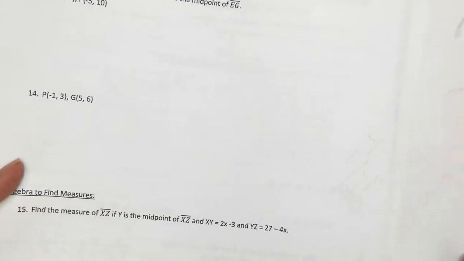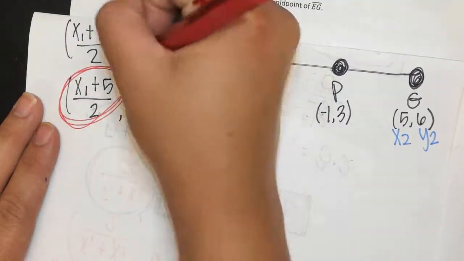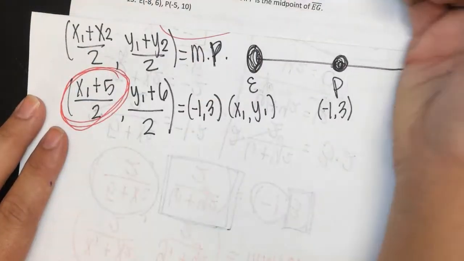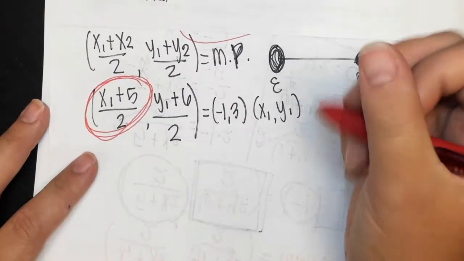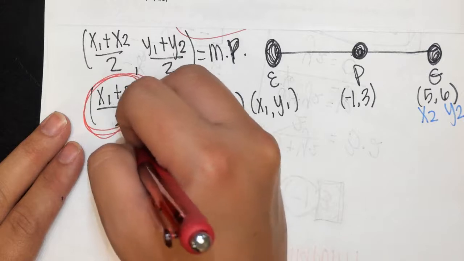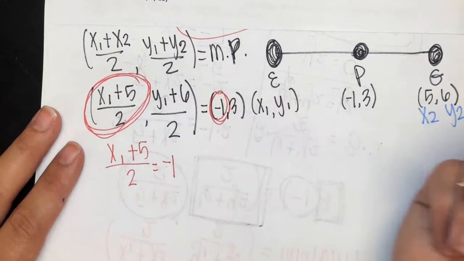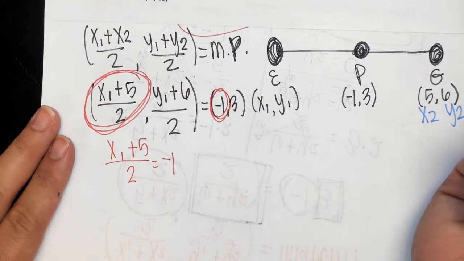Okay, so we're back. We're back over here. Let's set them equal. X's set equal to what? X goes with X. So x sub 1 plus 5 divided by 2 equals negative 1. Bye, Parker. Solve. Go.